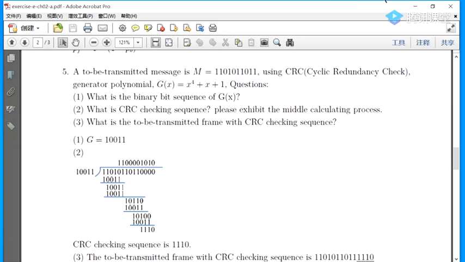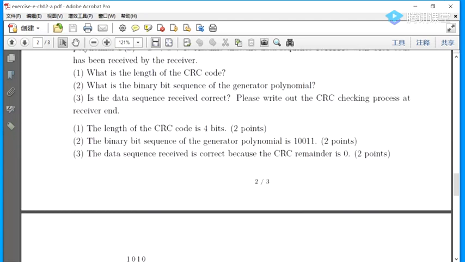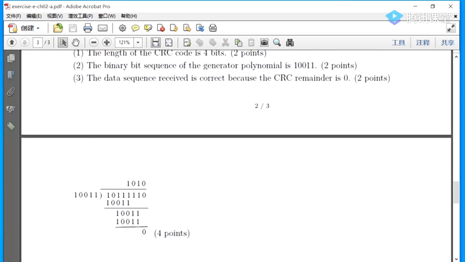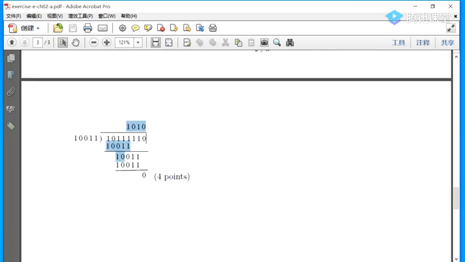But at the receiver end, the data sequence includes the CRC code. So we need not append any 0 bit here.